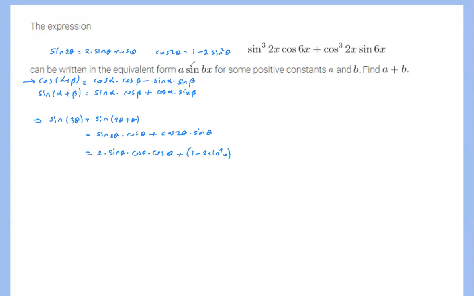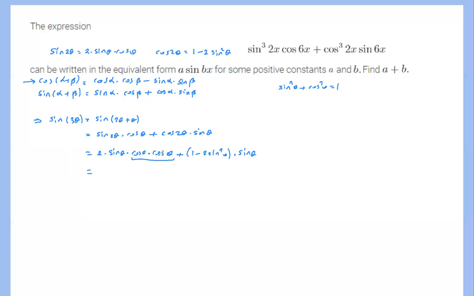You may even write the cosine 2 theta in terms of cosine if you want to, or in terms of both sine and cosine. But for now, we want to use the sine, times sine theta. So let's simplify a bit. We have cosine theta times cosine theta, which is just cosine squared theta. And if you remember, the Pythagorean identity was sine squared theta plus cosine squared theta equal to 1.